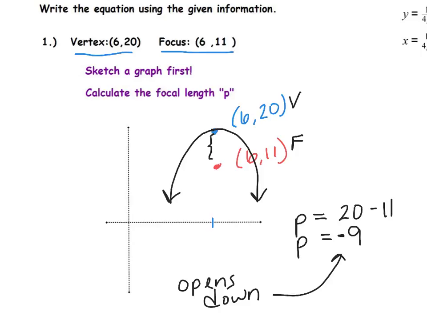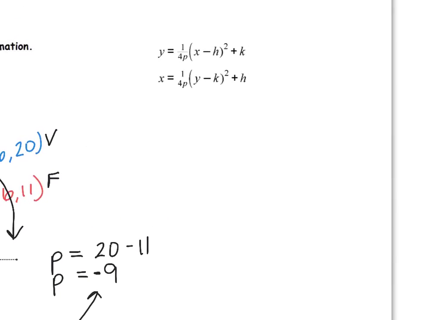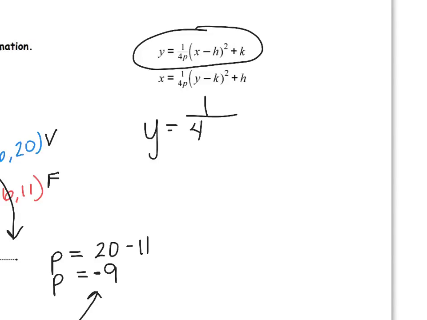So now let's go to writing the equation. We just substitute everything in. Since the parabola opens downward, we're going to use the first equation, in which we have y equals 1 over 4 times p. We said p was negative 9, quantity x minus h, where h is the x coordinate of the vertex.